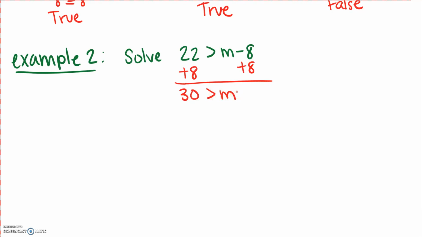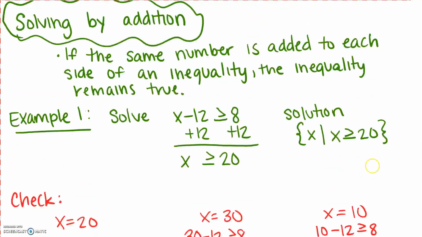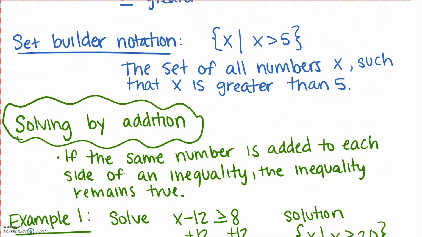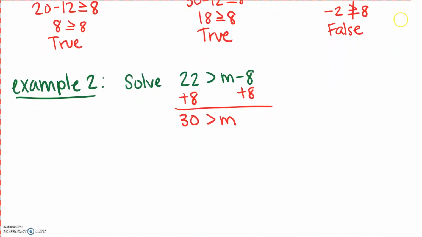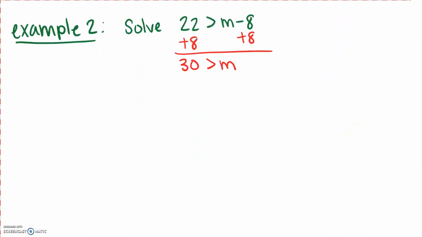So my solution set, remember we need to go back and write it in set builder notation here. That set builder notation again is going to help us later when we need to graph this answer. So we write our solution as all numbers m such that m is less than 30.